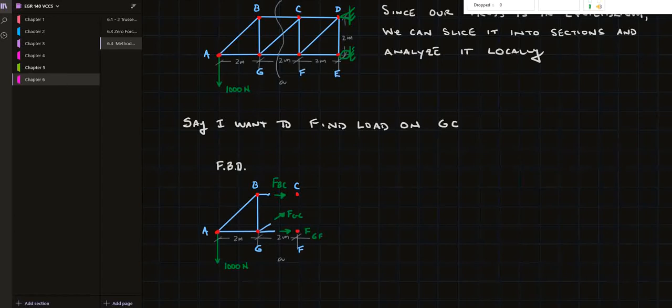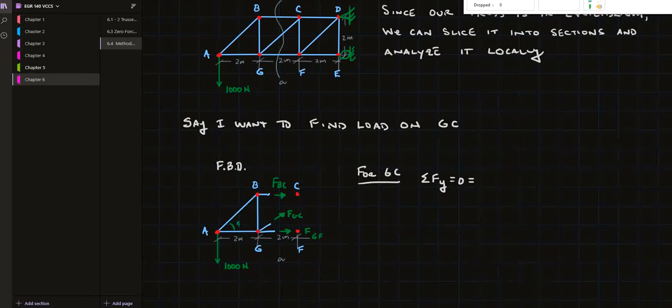So for member GC, if I'm going to look for that first, what I could do is sum forces in the y direction on this, set them equal to 0. I'm going to get, let's see here, we have angles we can stick on here.